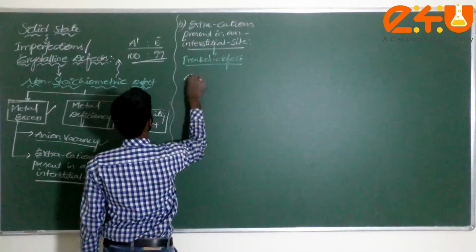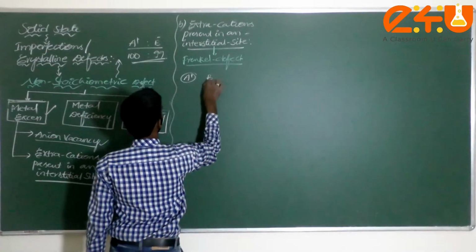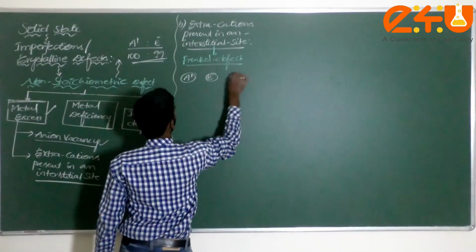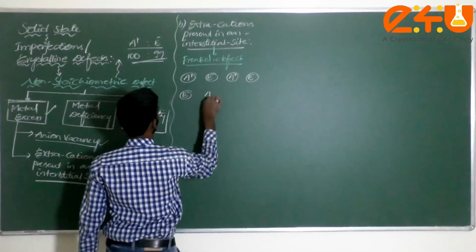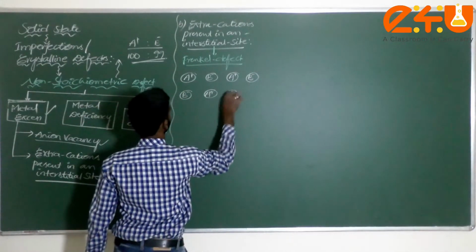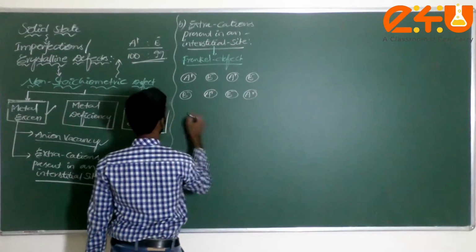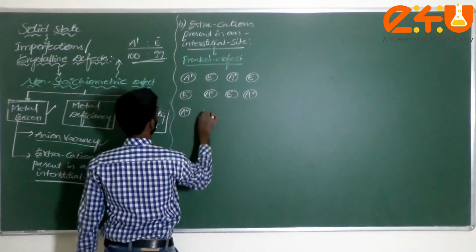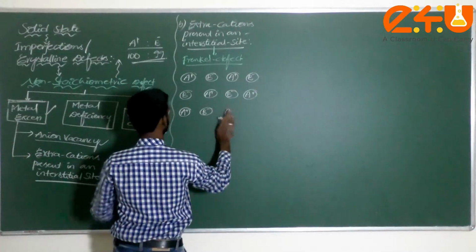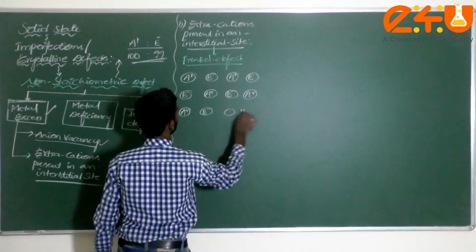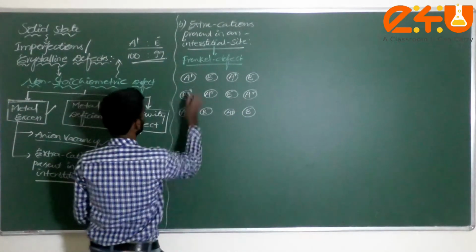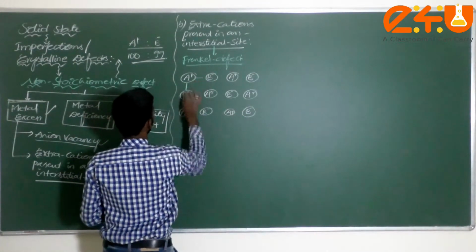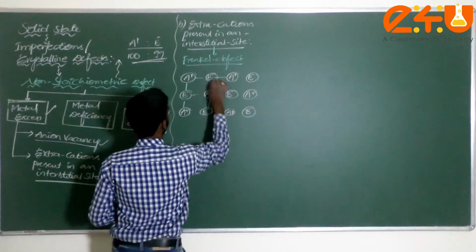Okay, consider the same A+ B- A+ B- arrangement, here A+ B- A+, correct or not? Now I am taking the same crystalline lattice.